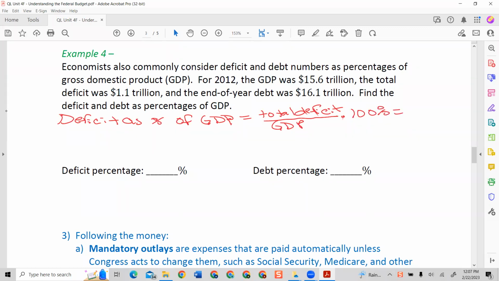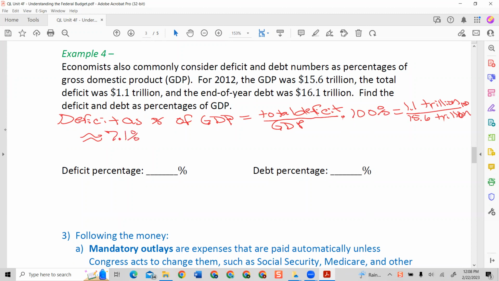So what do I have? I got 1.1 trillion divided by the 15.6 trillion. And if you notice, I didn't have to make any changes to this notation because they're both in trillions. We're going to multiply it by 100%. And I get, rounding to the nearest tenth, approximately 7.1%.